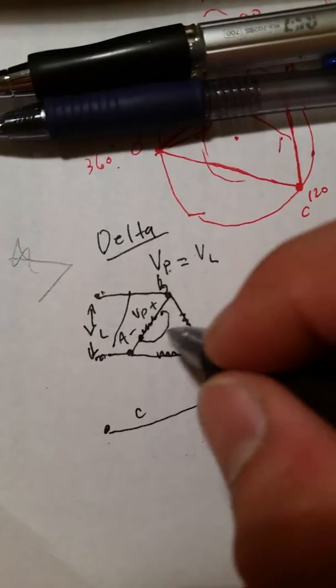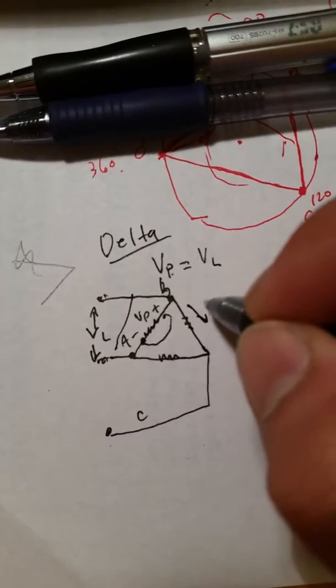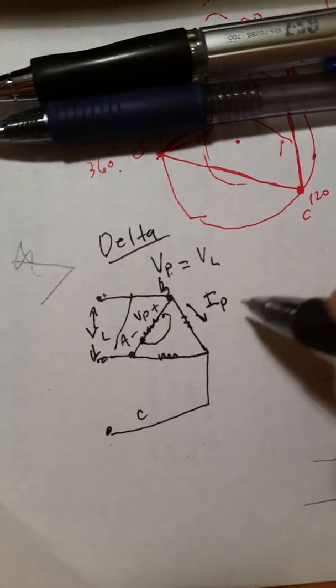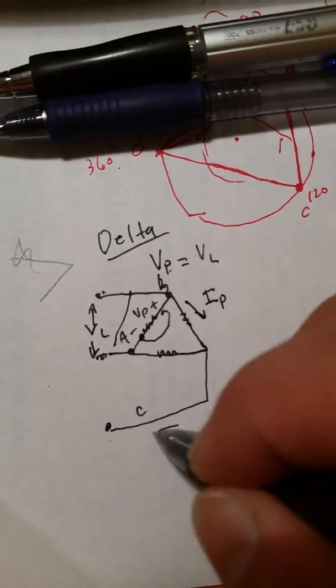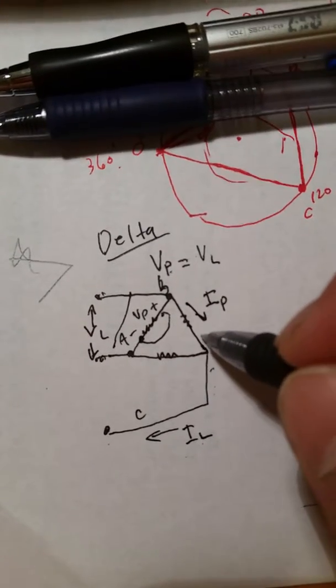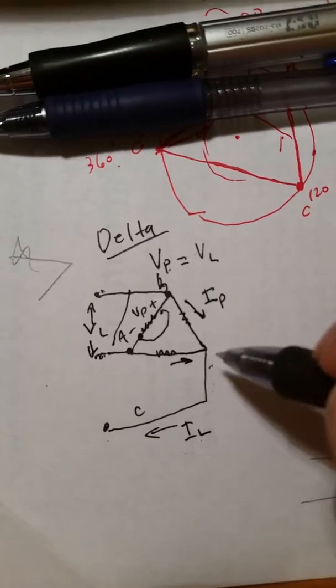But the current flowing through here, call that your phase current. And then you got your line current. You got some current coming here and some current coming from the other phase, so they're not equal.